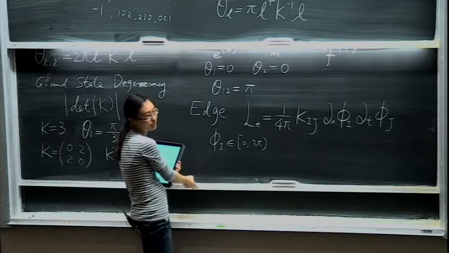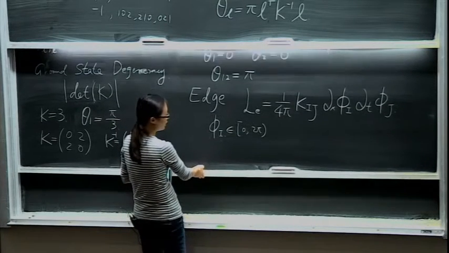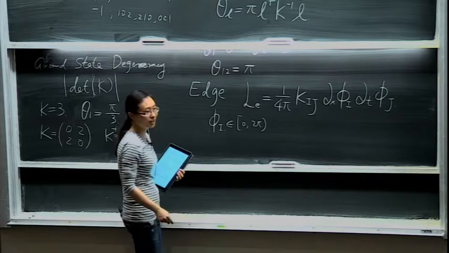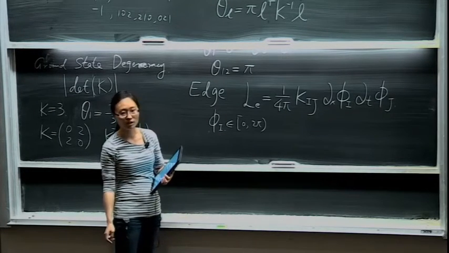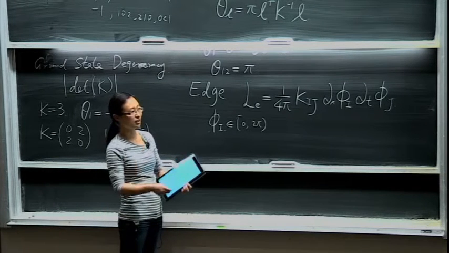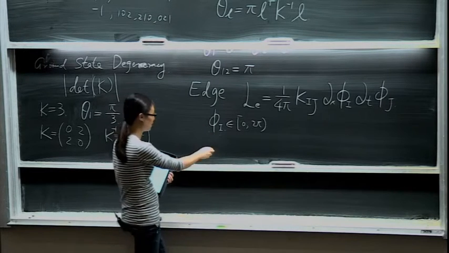And if we want to see how to create anyons on the edge, we can take the exponential of these phi fields. It's just like these phi fields are describing the phase of a boson field. And the creation operator of a boson is just to take the exponential of these phase factors. Right?